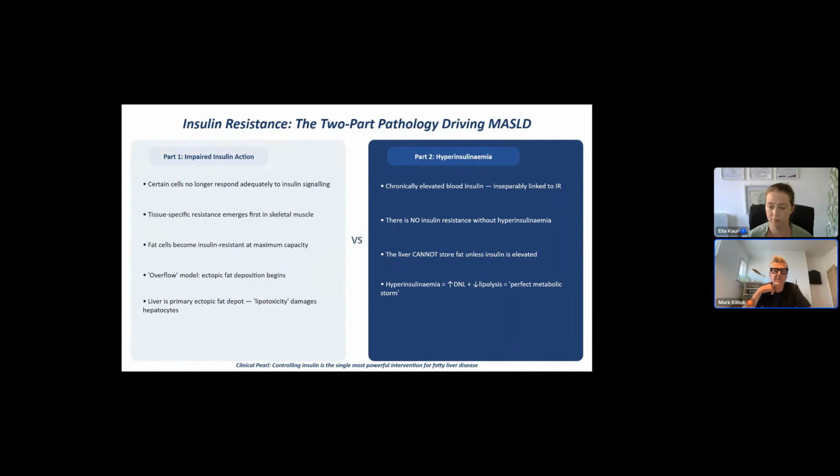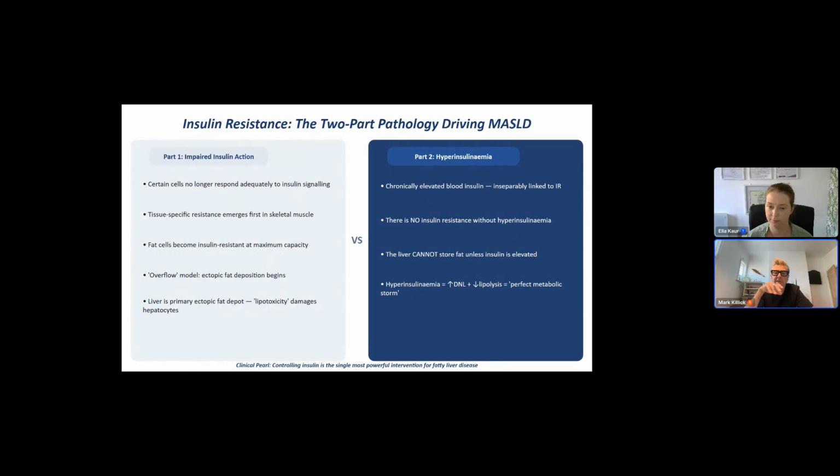At this particular stage, they start to lose fatty acids into the bloodstream, and that pushes back to the liver, where they then start to lay down as fat within the hepatocytes. So this is what I was referring to, that fat overflow that starts to take place.